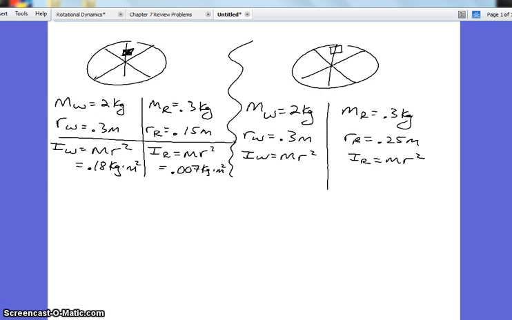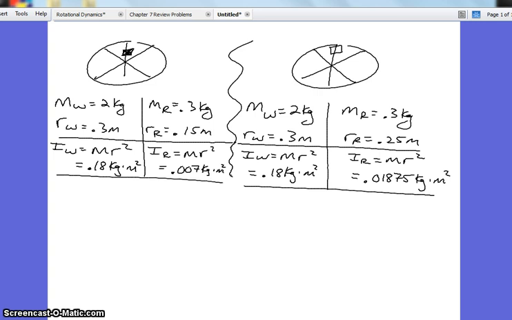Then we calculate for the wheel and the reflector afterwards. The wheel does not change, both the mass and the radius don't change. However, the reflector does change. 0.3 times 0.25 squared gets us 0.01875 kilograms times meter squared.